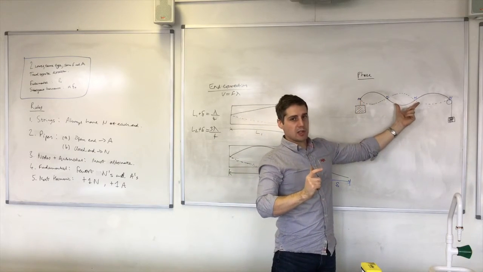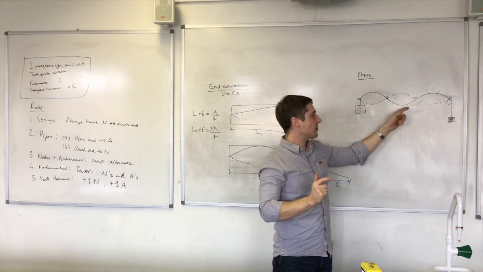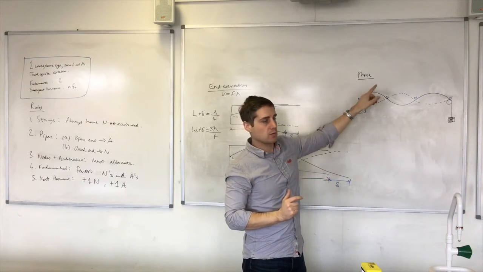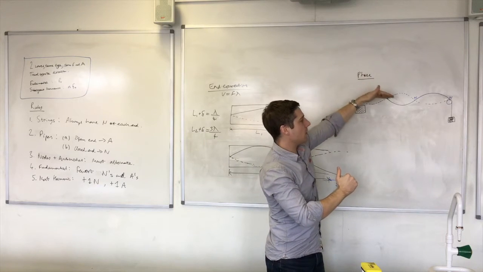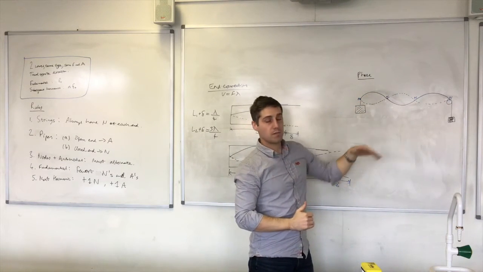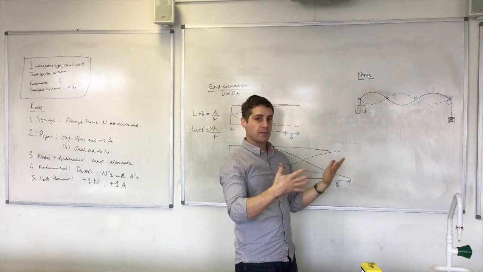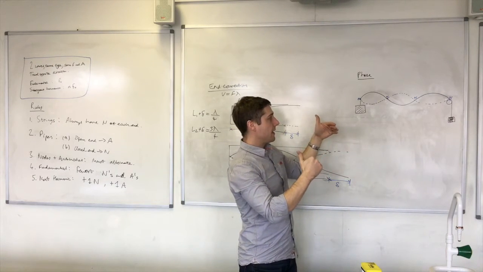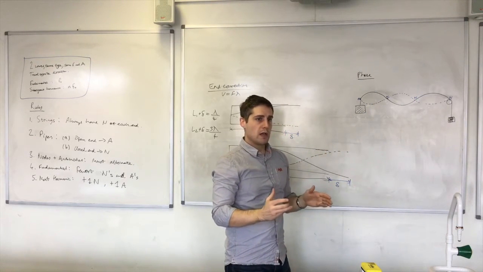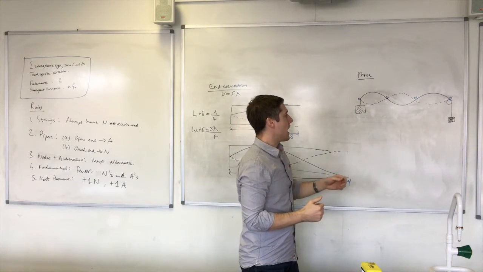But then the next section, between these two adjacent nodes, all of these are in antiphase to these particles. So these ones are going up whilst these ones are going down. These ones form the peak whilst these ones form the trough, and vice versa. So they are in antiphase with each other, adjacent sections, or you can call them loops.